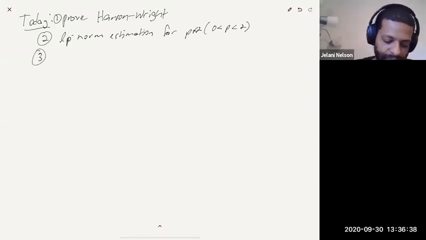And then we'll wrap up by talking about pseudorandom generators for space-bounded computation.